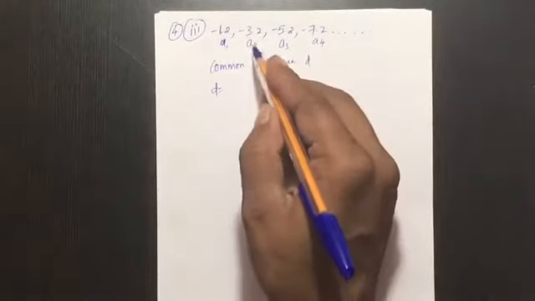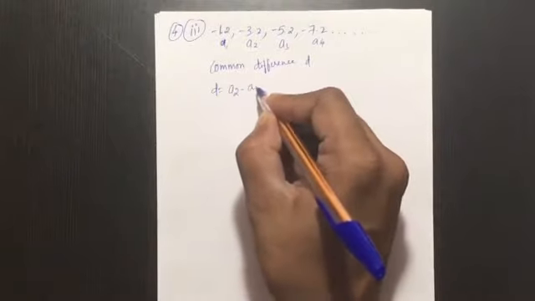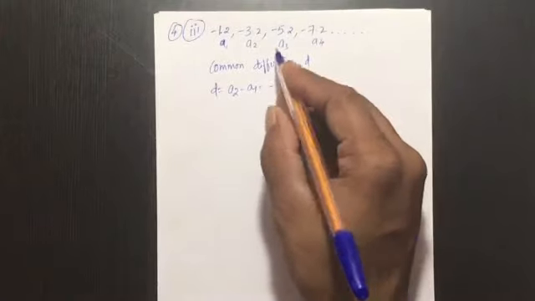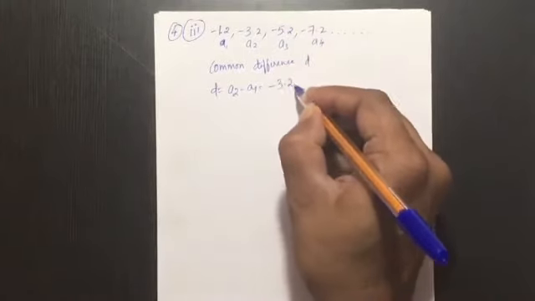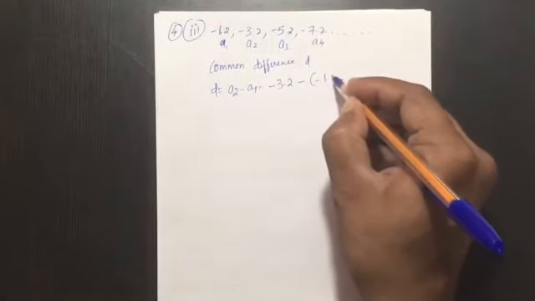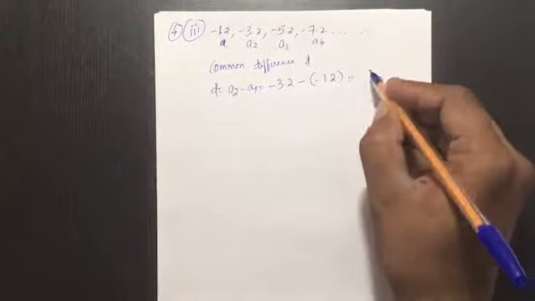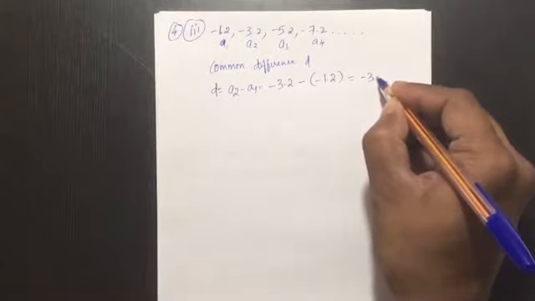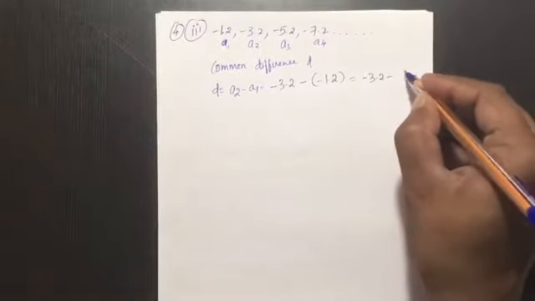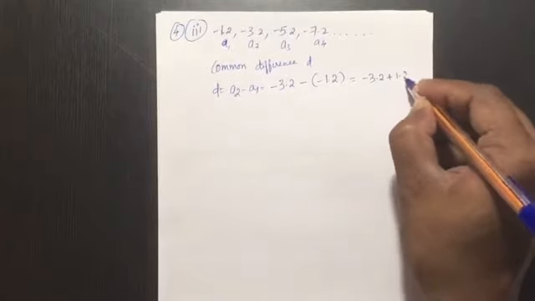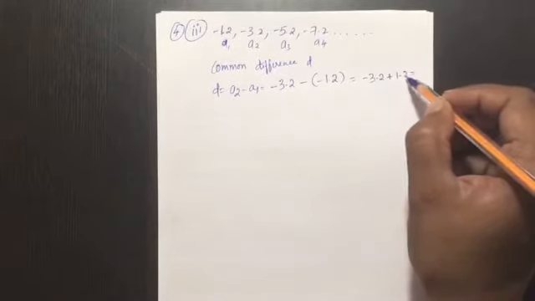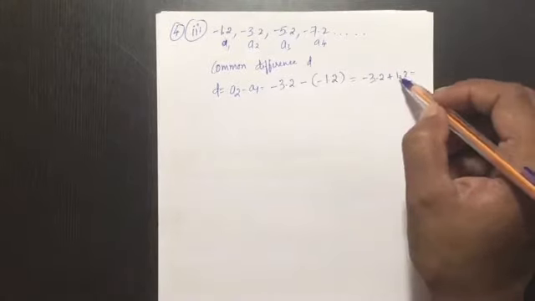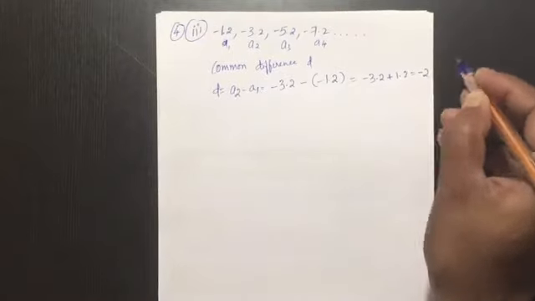So D is equal to the second term minus the first term, A2 minus A1. A2 is minus 3.2 minus, minus into minus is plus, 1.2. Minus 3 plus 1 is minus 2.